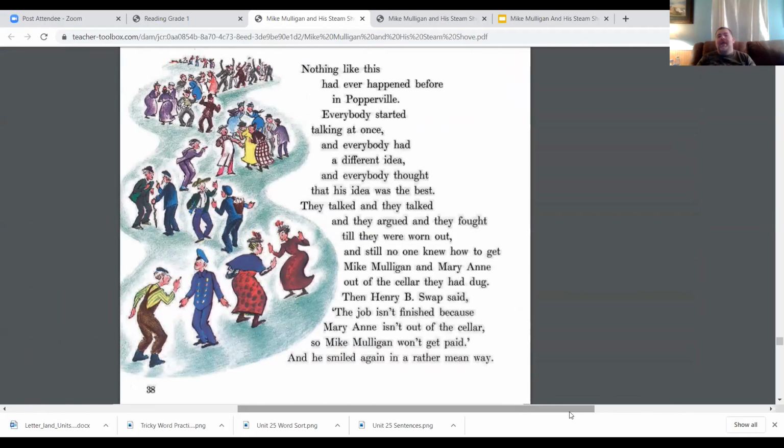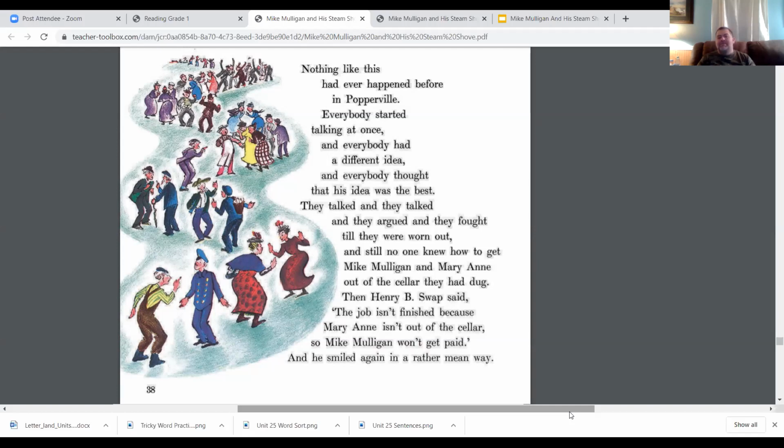Nothing like this had ever happened before in Popperville. Everybody started talking at once, and everybody had a different idea, and everybody thought that his idea was the best. They talked and they talked and they argued and they fought till they were worn out, and still no one knew how to get Mike Mulligan and Mary Ann out of the cellar they had dug.